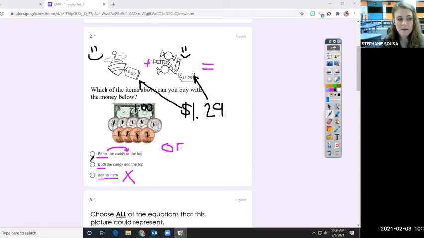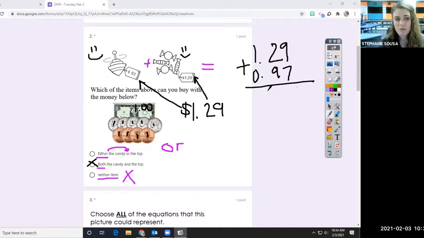I could not buy both. If I bought both, I would need $1.29 plus $0.97. And that's going to be more than $1.29. Okay, so a lot of you yesterday chose both, and I think you chose both because you thought, oh, I can get this or that.